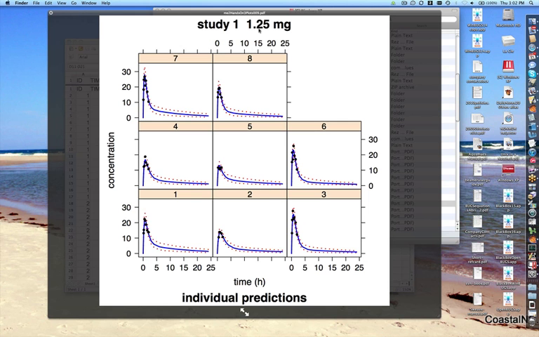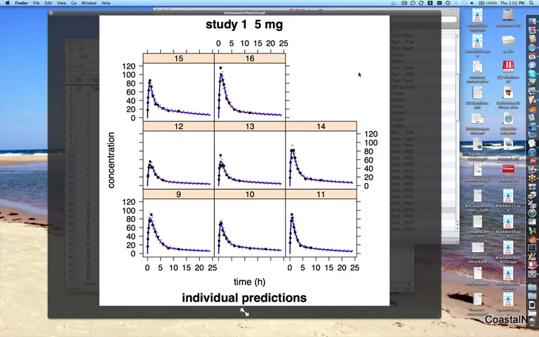This is the 1.25 milligram dose group, and the fits look pretty good, but notice there's a lot of empty space out in the tail because values were missing, being below quantifiable levels. Recall that LOQ was at 10, so everything gets cut off there at 10.